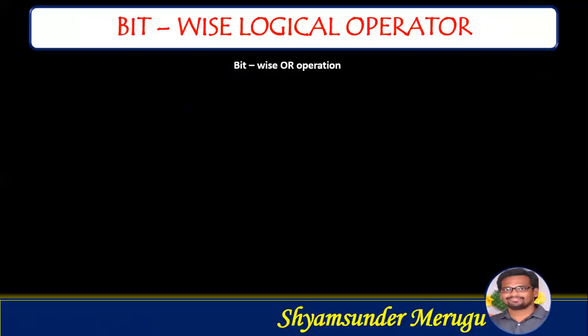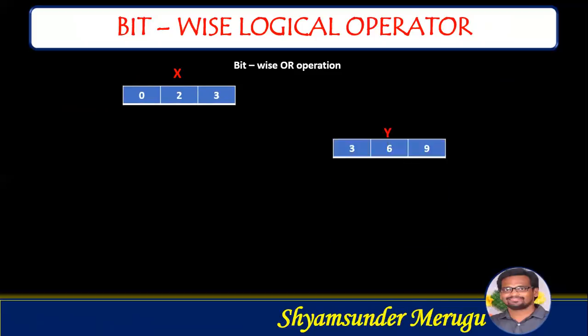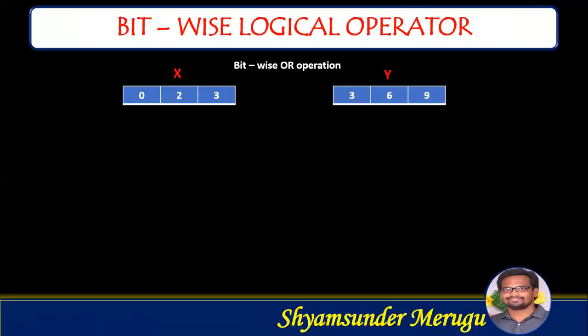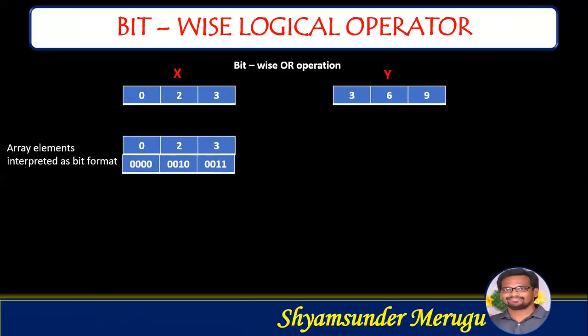Now we see one bitwise OR operation. We have a variable x with elements 0, 2, 3, and y with elements 3, 6, 9. To perform the bitwise logical operation, the values are represented in terms of 4 bits.